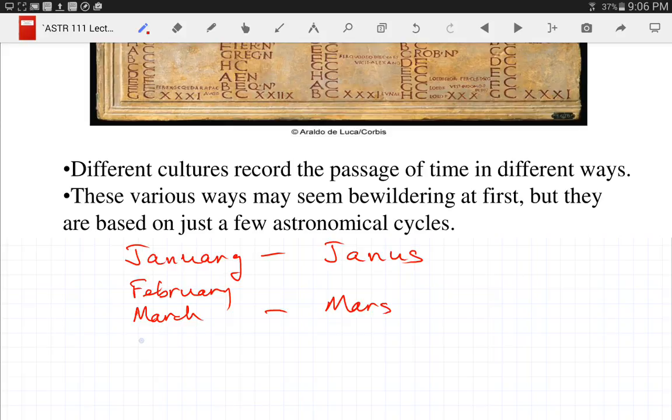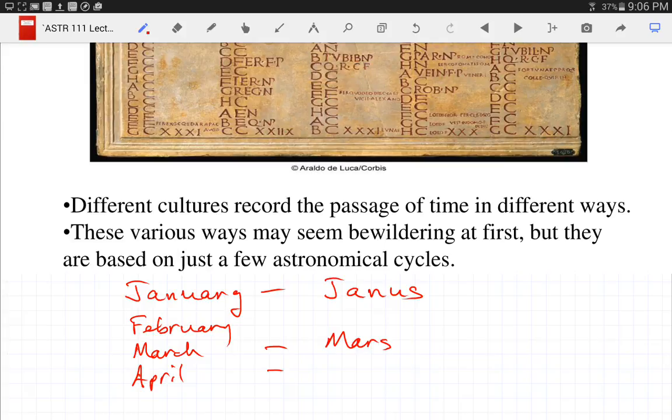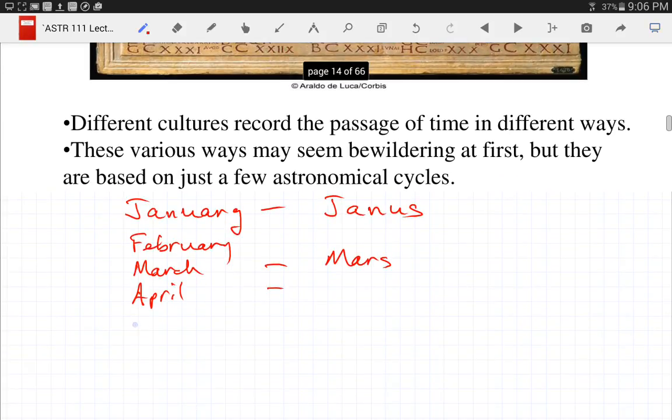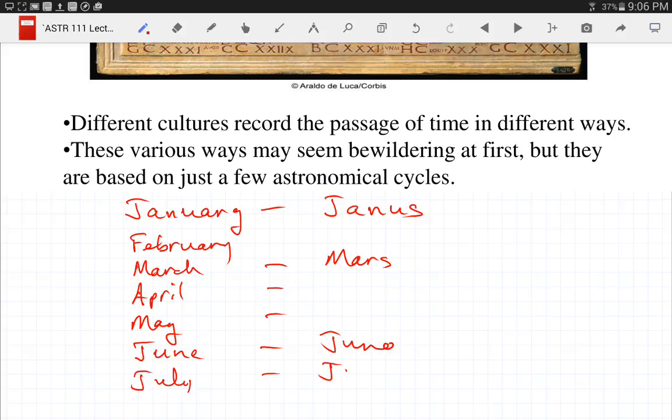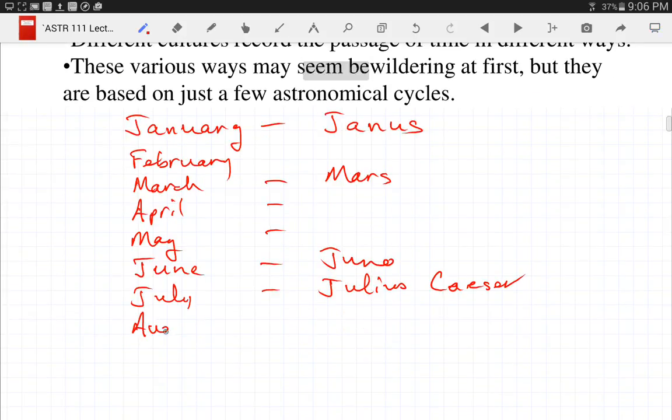Mars. April, I don't remember that either. May, I don't remember. June. July, Julius, I guess it is, Julius Caesar. Augustus Caesar.